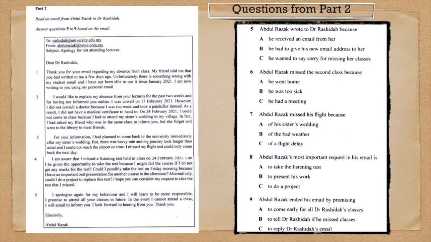It depends on which way you are more comfortable with. If you read the questions first, it will be easier for you to focus and anticipate what you are going to read after that. That is the advantage of reading the questions first.